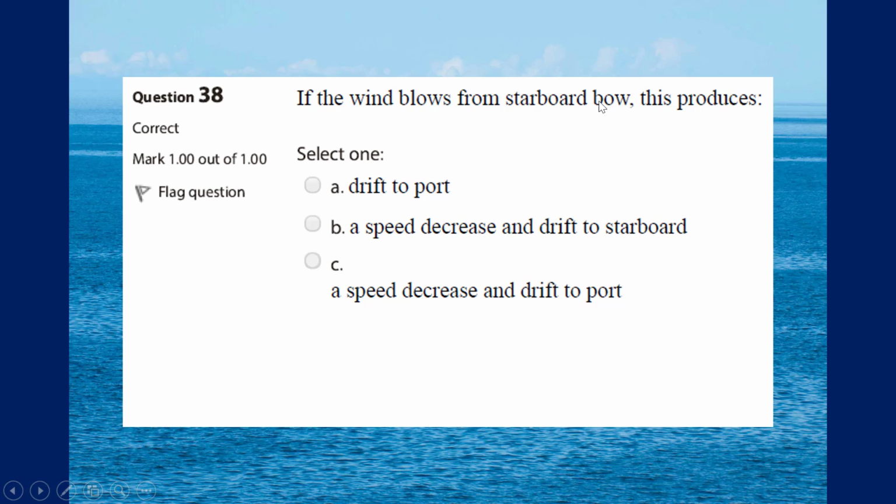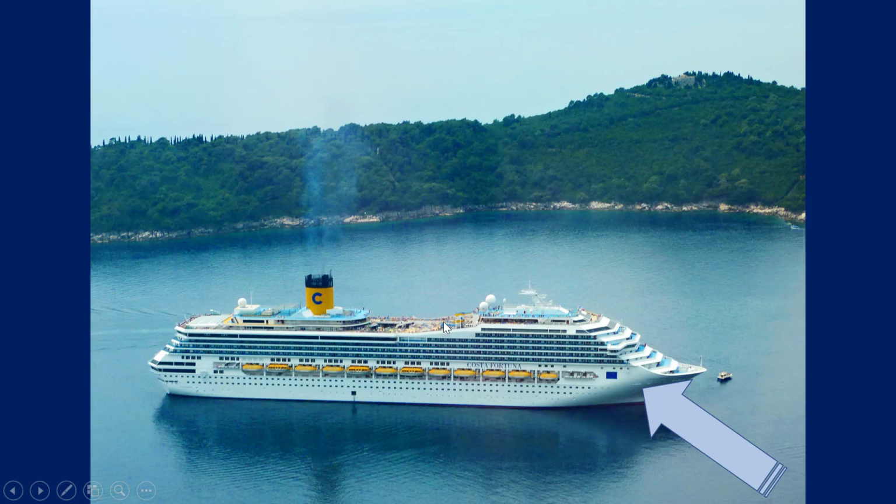If the wind blows from starboard bow, this produces, select one. A. A drift to port. B. A speed decrease and drift to starboard. C. A speed decrease and drift to port. So let's look at the picture again. The ship is encountering the wind from the starboard bow.